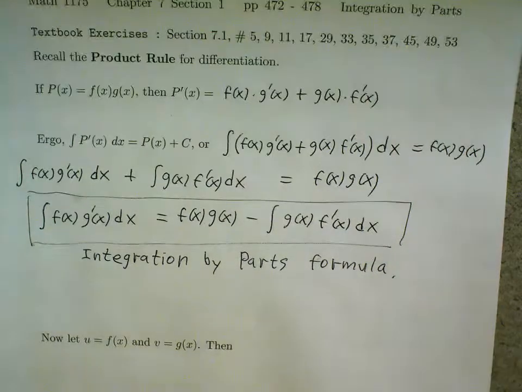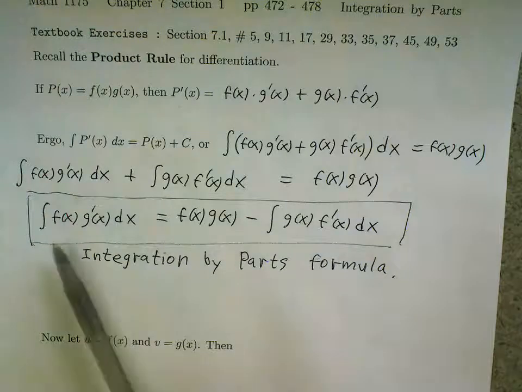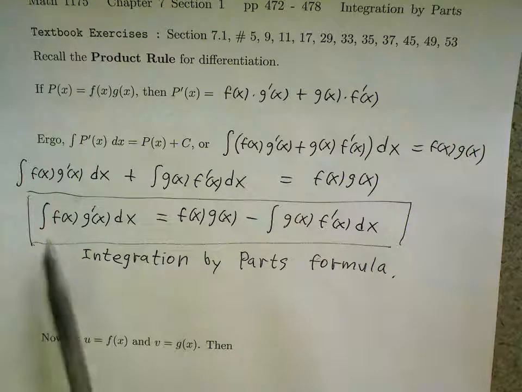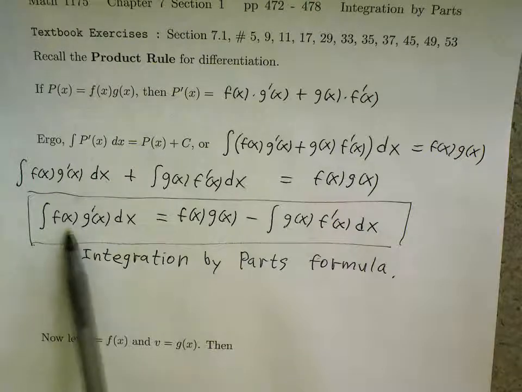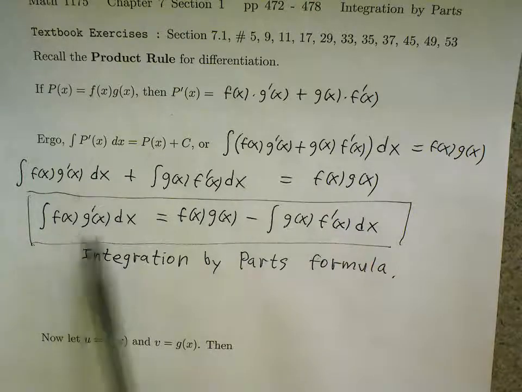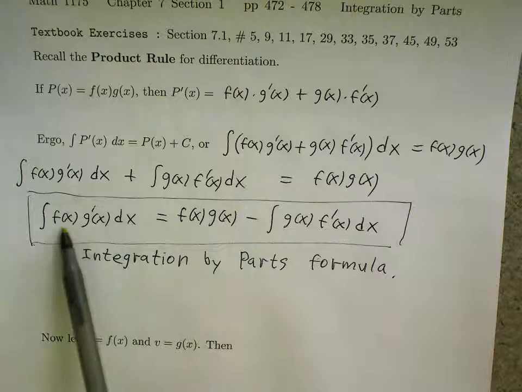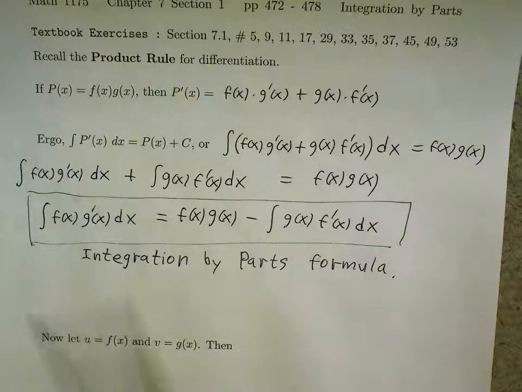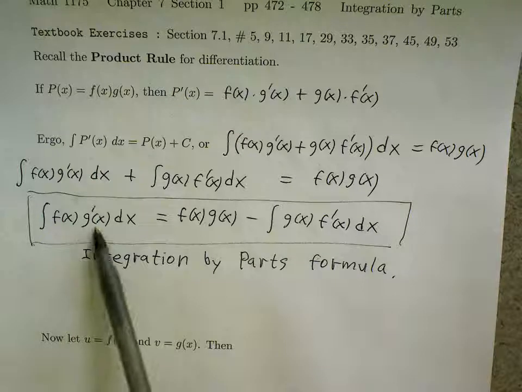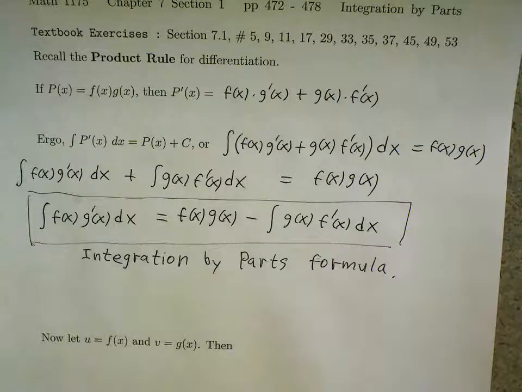So I'll just expound a little bit on this formula. If we have an indefinite integral, and if the integrand is a product of two functions, then we identify one of the functions as f of x, and the other function that we're multiplying by f of x is the derivative of g, or g prime of x.